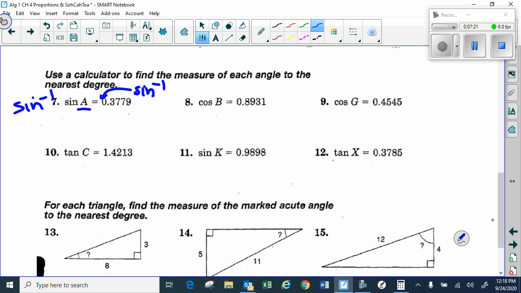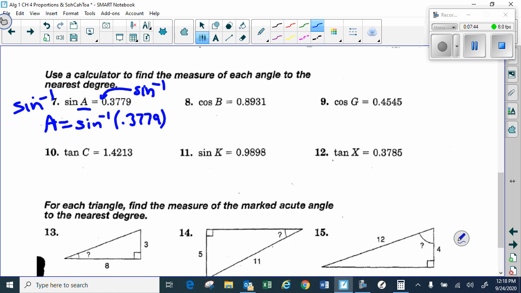How do you get that? You hit the second button up in the top left and then sine. Or use your graphing calculator. I'd have the color there for you. I think it's still second. Okay, so angle A equals the inverse sine of 0.3779.